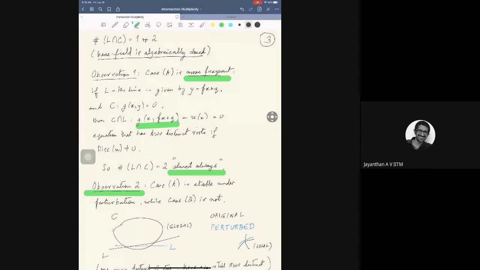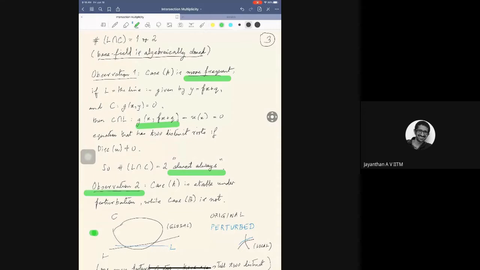So the perturbed is in blue. Okay. So I'm looking at this picture here, where the conic has been left alone and the line has been perturbed from the original black line to the blue line. And if originally it met in two distinct points, in the perturbed picture it also meets in 2 points.